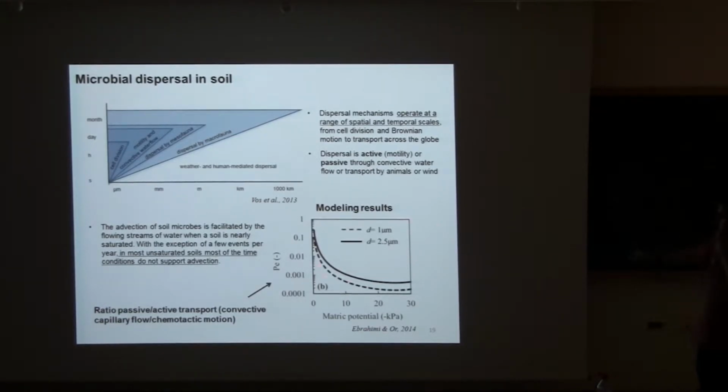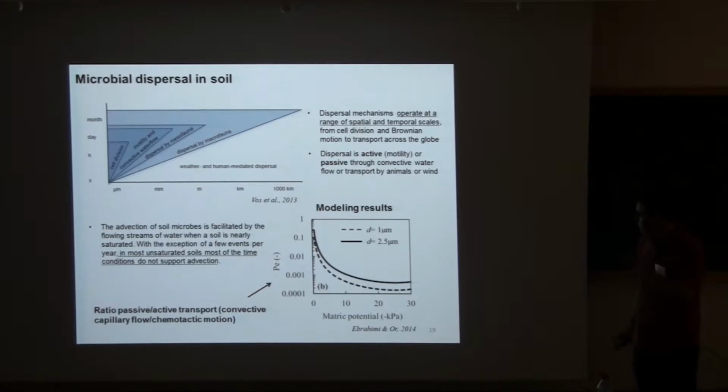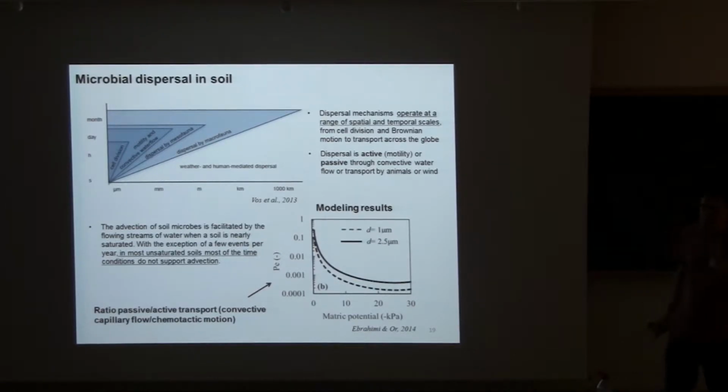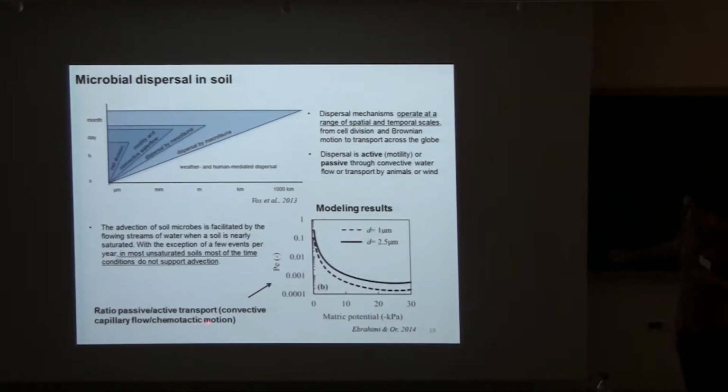And here are some modeling results from my colleague Ali Ibrahimi, who used a simple model of bacterial movement in idealized pore networks to ask what is the ratio between passive and active transport. In that case it was the ratio between convective capillary flow and chemotactic motion.